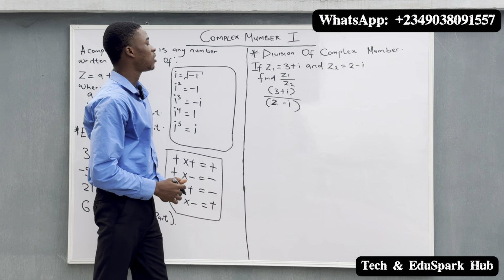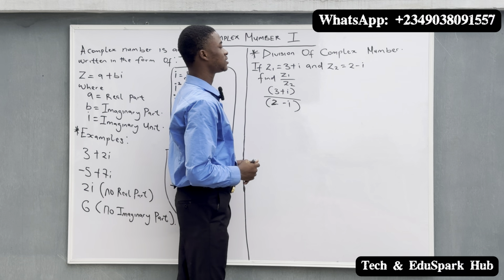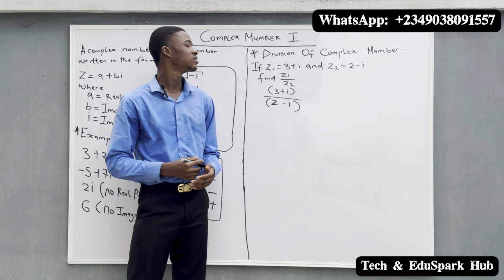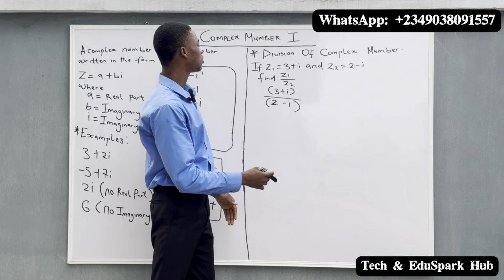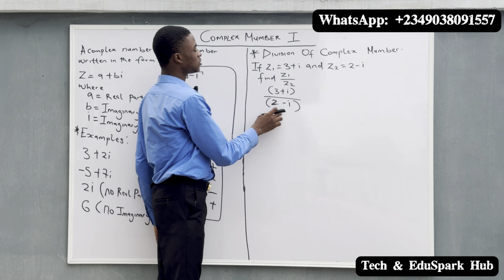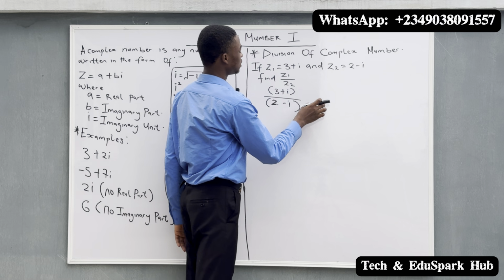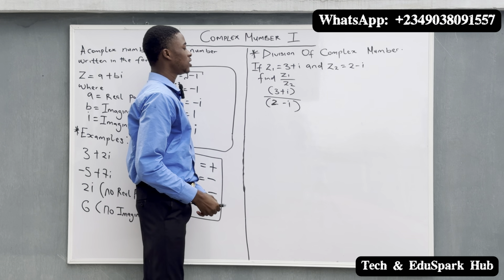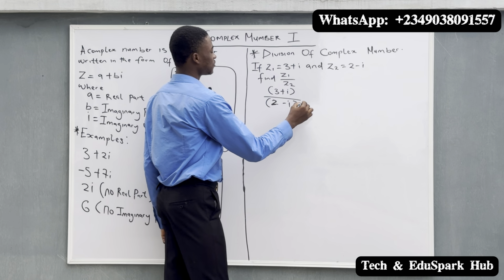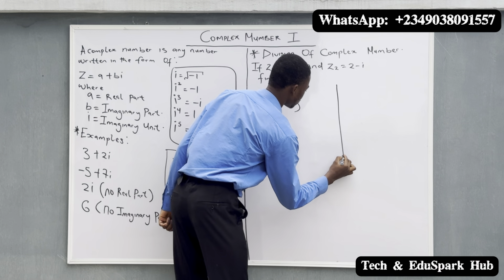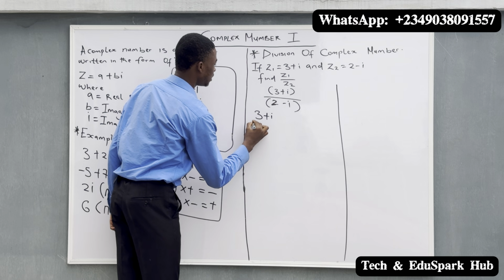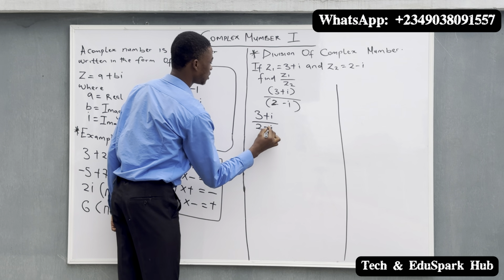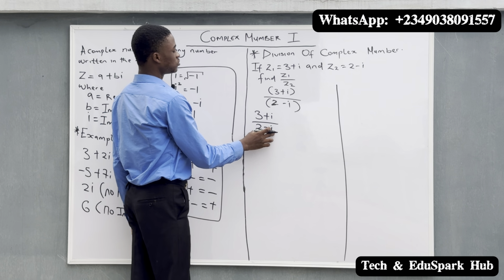So to solve this question, all we just have to do is to rationalize. And in rationalizing, we just have to multiply the conjugate of the denominator by what is on top, and also the conjugate of the denominator by what is below, which is the numerator. So in doing this, to rationalize, all we just have to do is by saying 3 plus I divided by 2 minus I. So what is the conjugate of this 2 minus I?